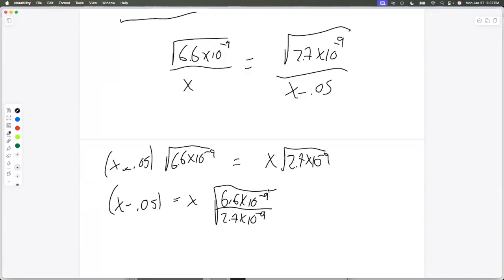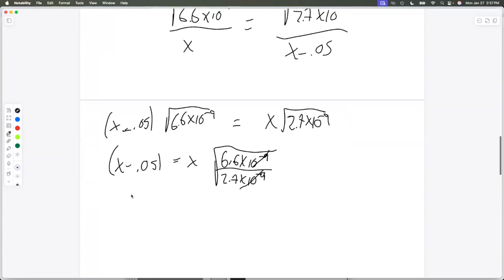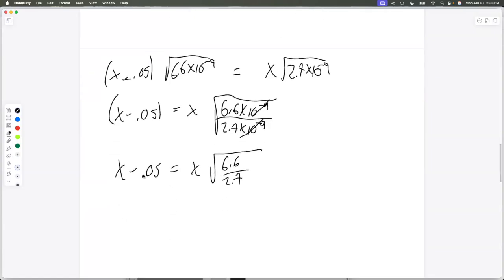In fact, once I do that, these times 10 to the negative ninths cancel out. Or I could have just distributed and collected all the like terms and so forth. So what I have now is x minus 0.05 equals x times the square root of 6.6 divided by 2.7. Move all my x's to one side, get this constant to the other side.